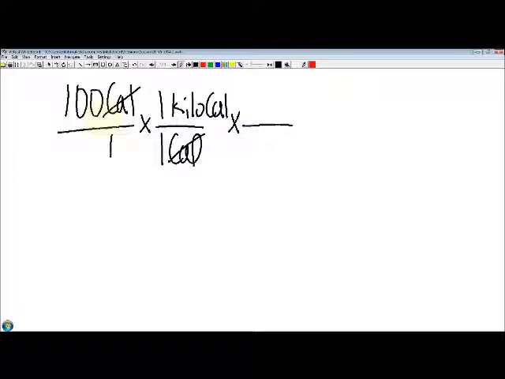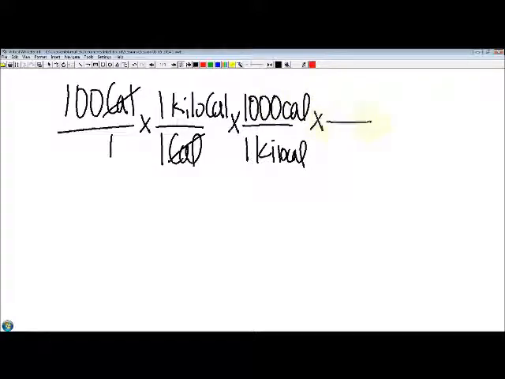Next, there are 1,000 small calories in 1 kilocalorie. So we've got to get rid of those kilocalories. And then last but not least, we know that there are 4.184 joules for every 1 small c calorie. So that's our last step, because we're trying to find joules.